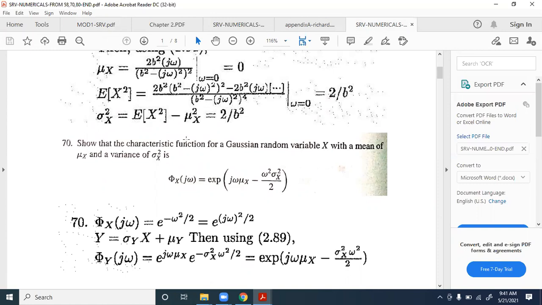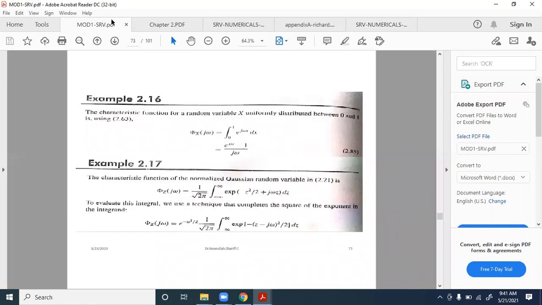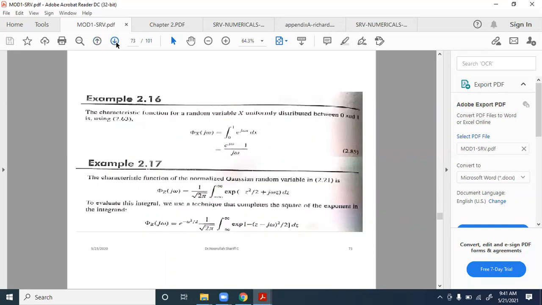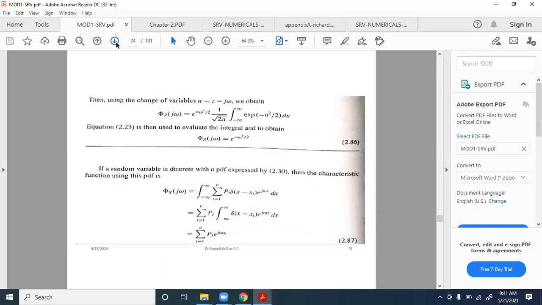If we substitute this, we need to go for the next formula which we might have written over here. This is the one which we have used till now: phi z of j omega is equal to e to the power of minus omega squared by 2. Whether it is phi z, phi x or phi y doesn't matter; for the Gaussian random variable, we get this.